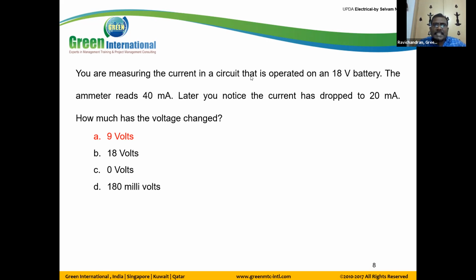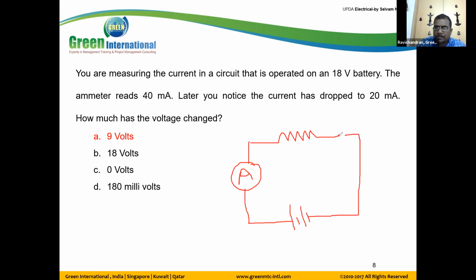You are measuring a current in a circuit that is operated with a battery. The ammeter reads 40 milliamps. So from this, we have 18 volts.